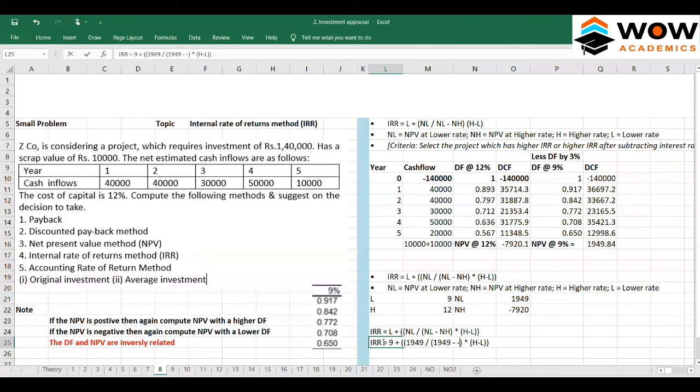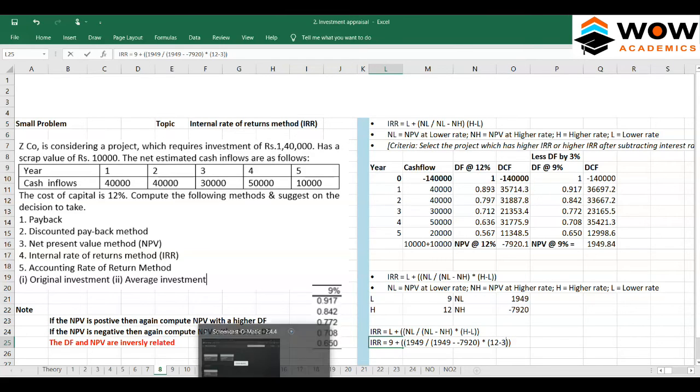See, there is a minus in the formula as well as there's a minus in the number that we computed. And again, high discount factor is 12 and low discount factor is 3. Okay, so if you're going to work this problem in Excel, you have to be very careful, because first this number has to be solved, then these numbers have to be solved. So to solve those first, you have to put a bracket here.